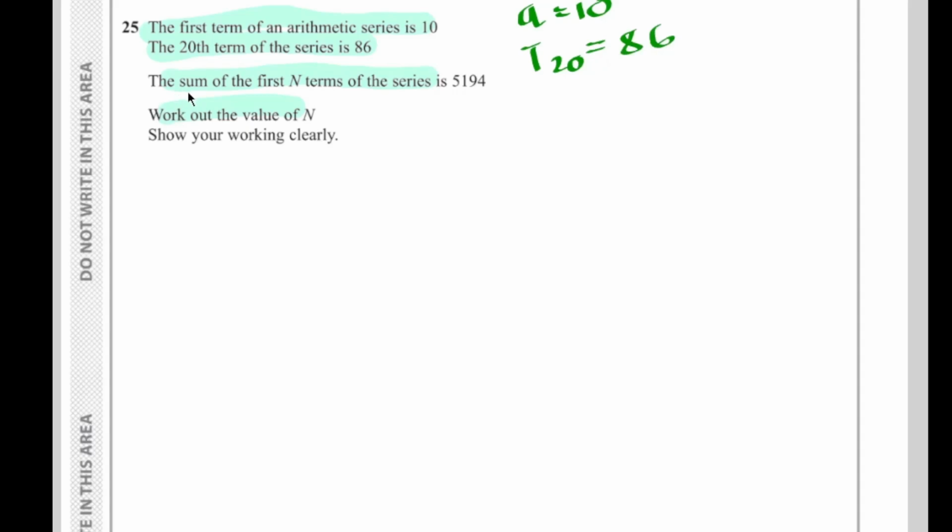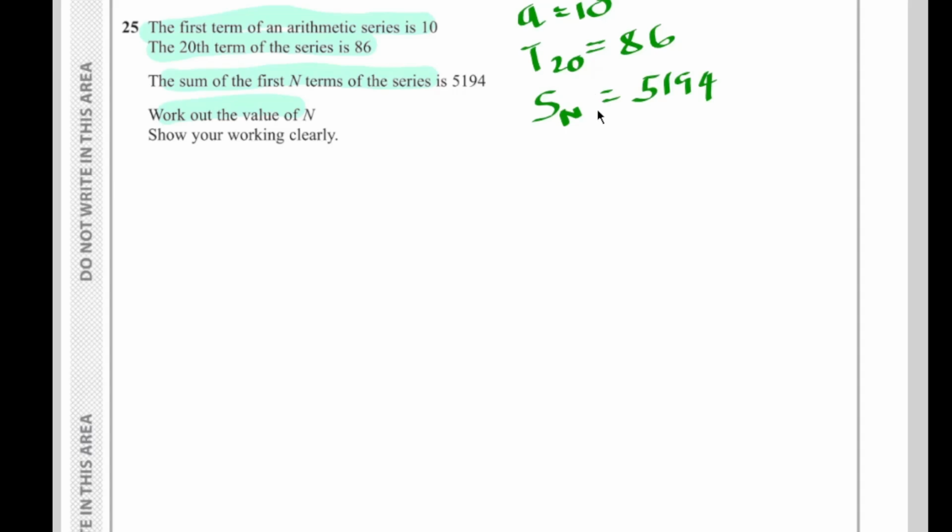The sum of the first n terms, first capital N terms, then n equals capital N, is 5194. Right, now let's see how to do it.